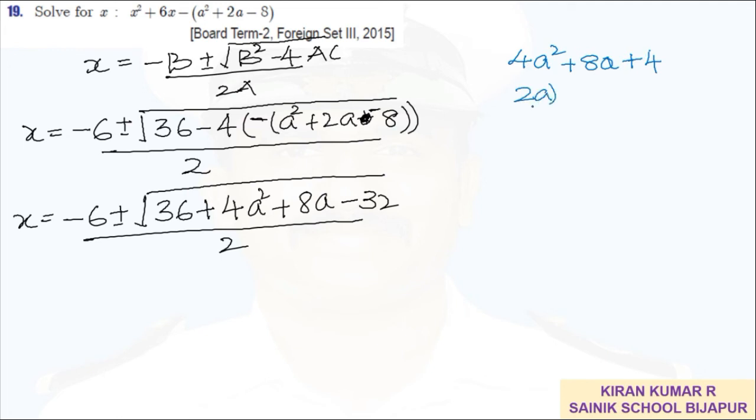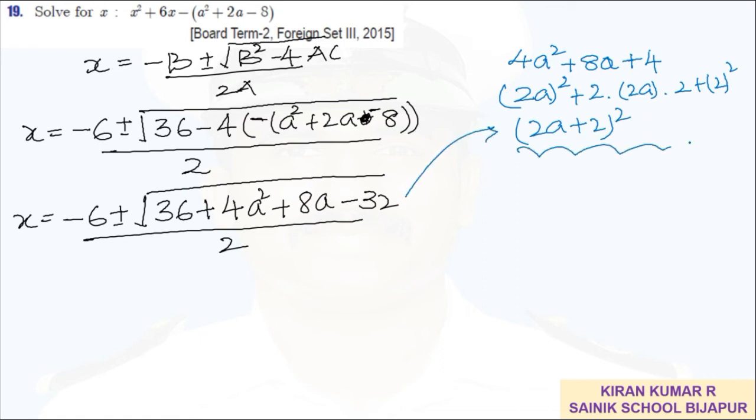Observe it, it is (2a) whole square plus 2 times 2a multiplied by 2 plus 2 square, isn't it? So it is (2a plus 2) whole square. So this complete thing is (2a plus 2) whole square, which is there in the bracket.